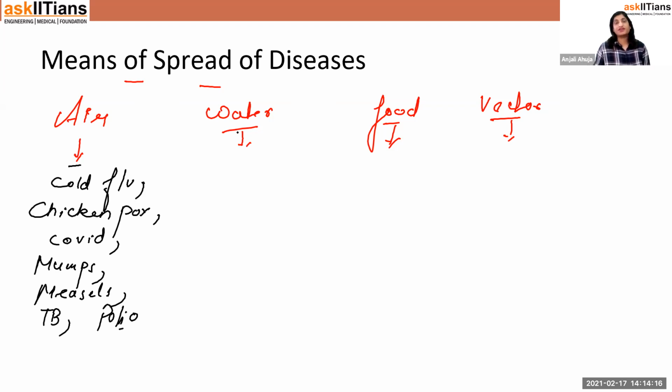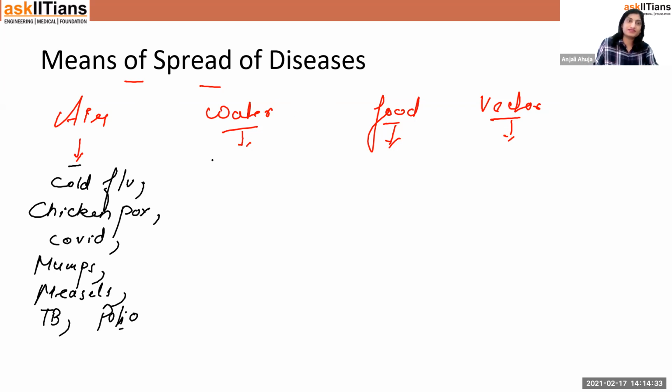Next is water. What if we are drinking water which is contaminated? It has pathogens in it. It might have eggs of some pathogen, or some reproductive stages which just enter us. That's why we should take clean water.